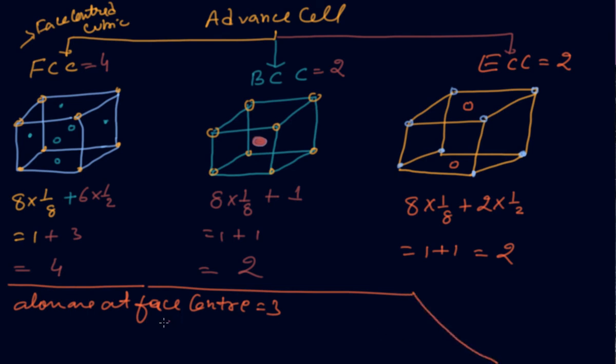If he says FCC cell, then you take 4, and definitely you put a mistake in such lines. If he says FCC cell, then the number of atoms is 4. If he says that atoms are at the face center, then please take 3.